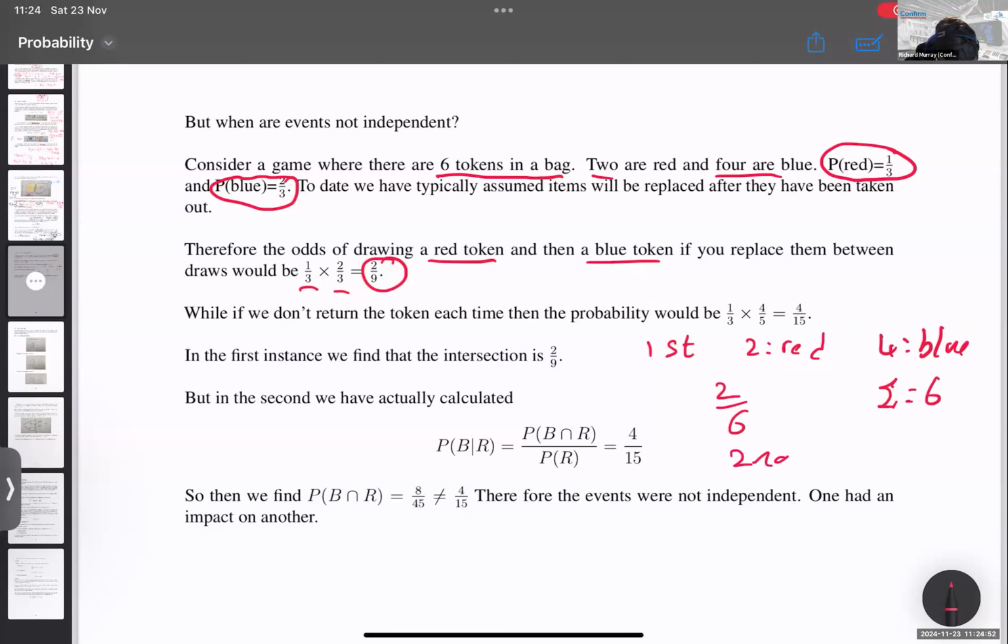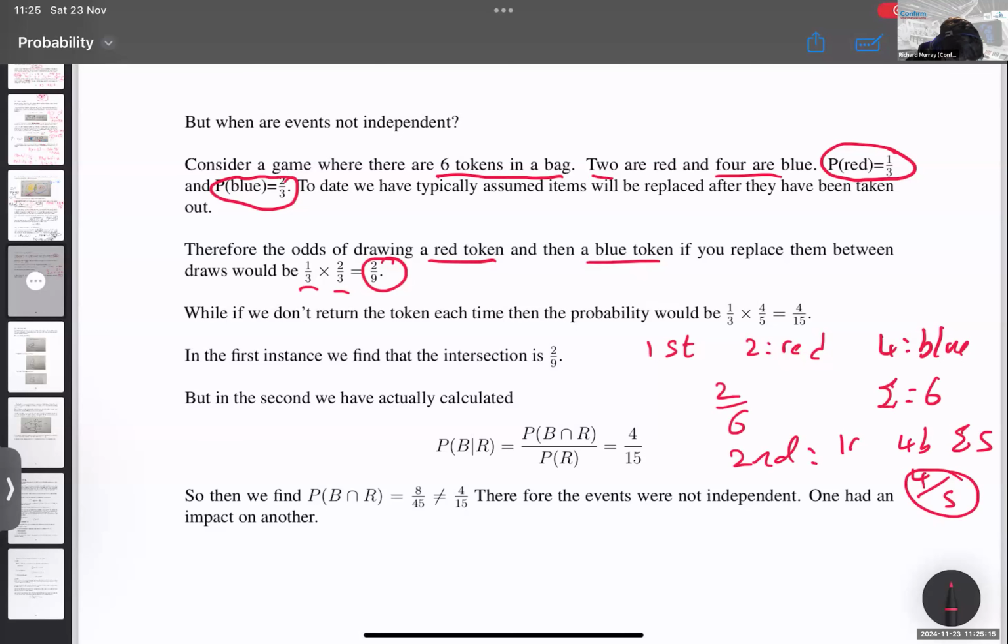On the second round then, there is going to be 1 red, 4 blue, and a total of 5. Which then means the odds of it being a blue on our second one is 4 in 5, which is different than what it would have been before, which was a 4 in 6, or when we simplify that down, a 2 in 3.